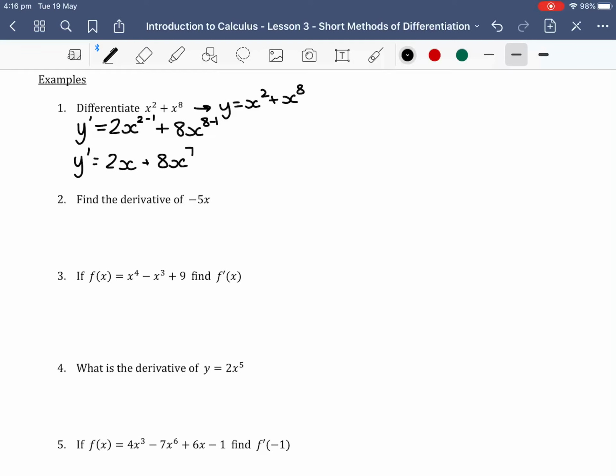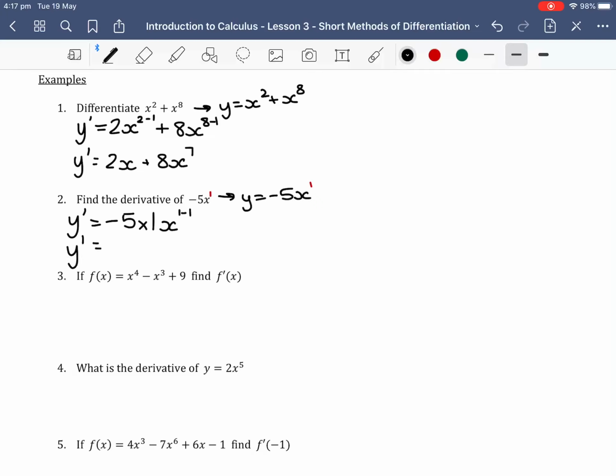Now we want to find the derivative of negative 5x. So we're going to let y equal negative 5x. Then y dash will equal negative 5. There's no power, so there's an imaginary power of 1 there. So we'd go negative 5 times 1, and then x to the power of 1 minus 1.